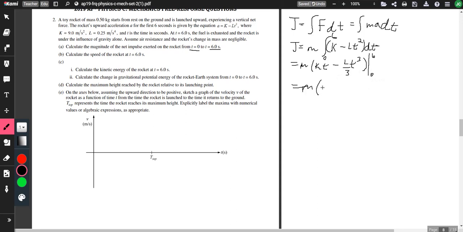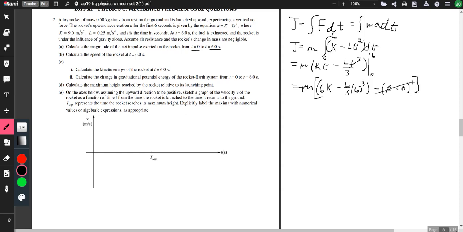So m times 6k minus L over 3 times 6 cubed, and this is going to be minus, I'm going to put this all into a bigger bracket, 0 minus 0.